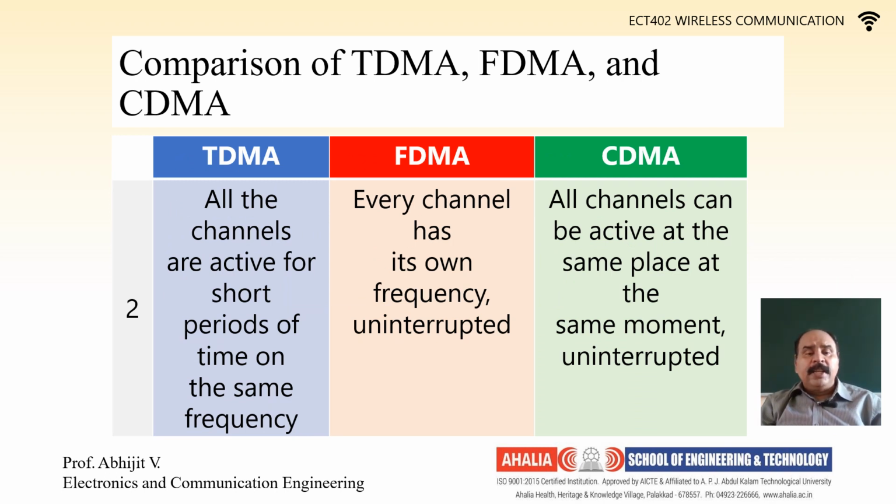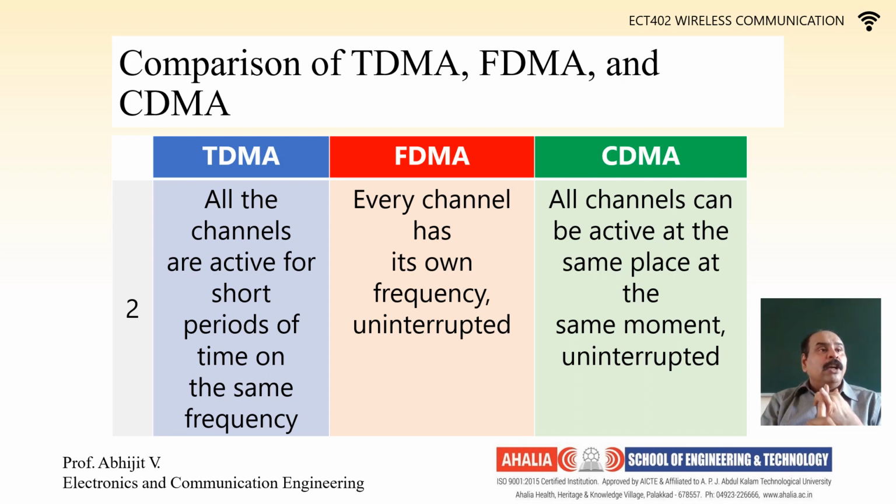So all the channels are active for a short period of time on the same frequency. See, the basic difference between all these things, what is this difference? You cannot transmit using either the same carrier frequency or continuously, simultaneously.